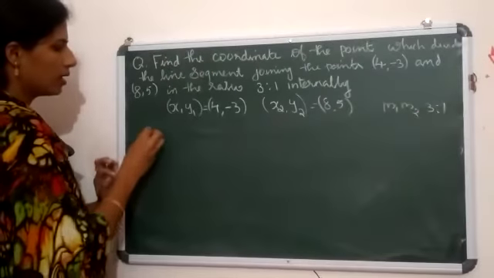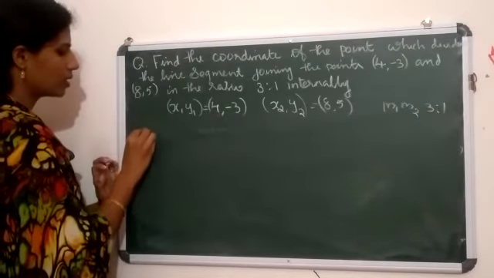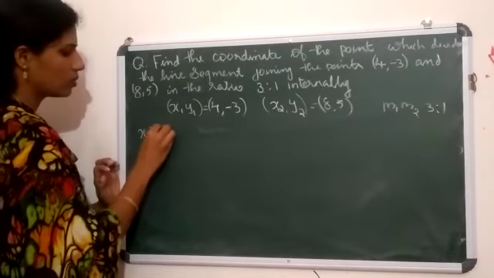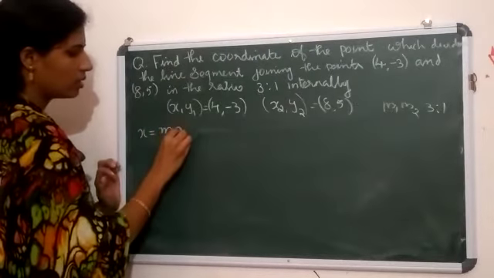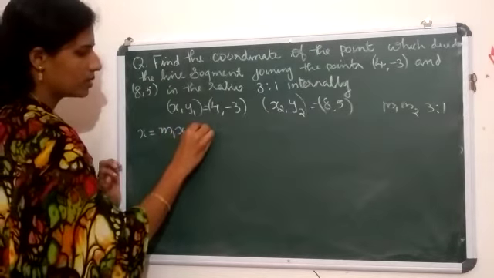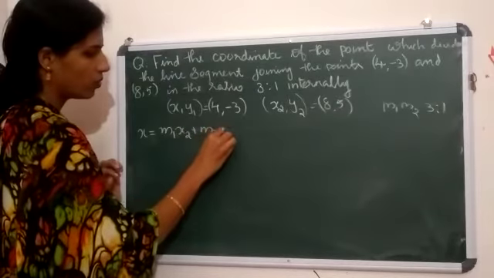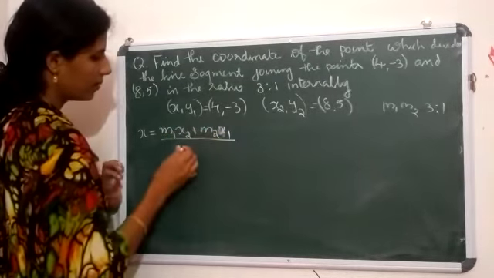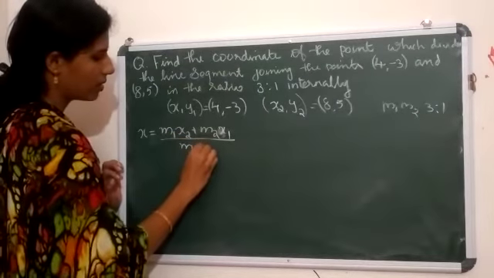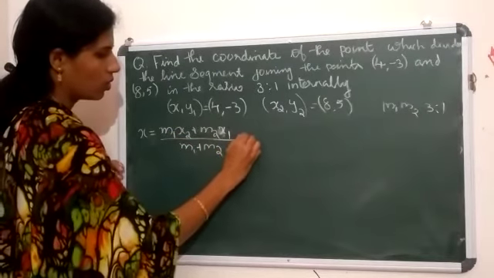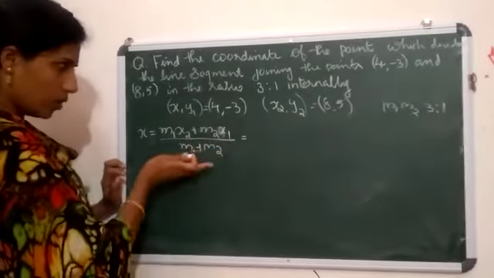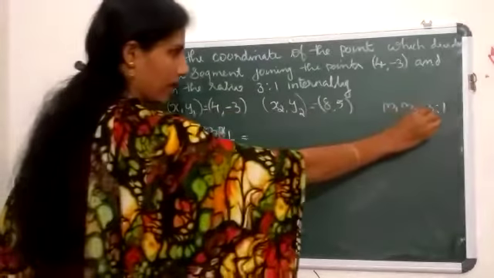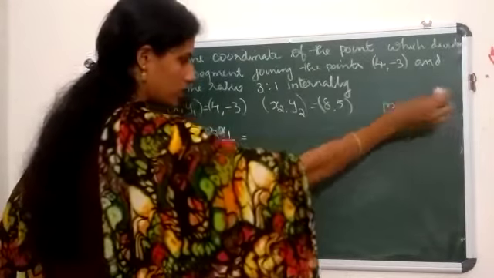Okay, now we have the equation x is equal to m1 x2 plus m2 x1 divided by m1 plus m2. Now instead of m1 we have 3 and m2 is 1.